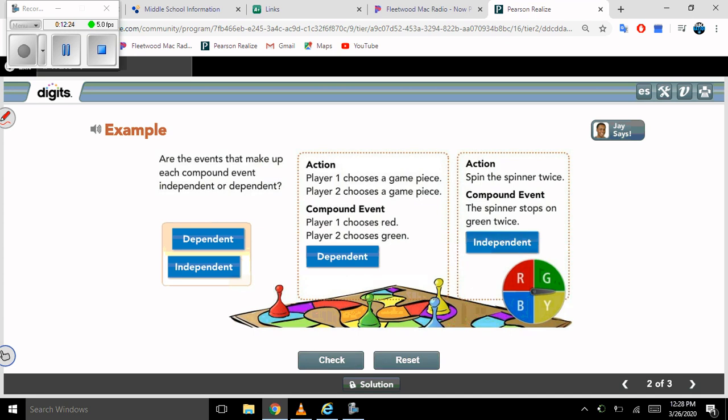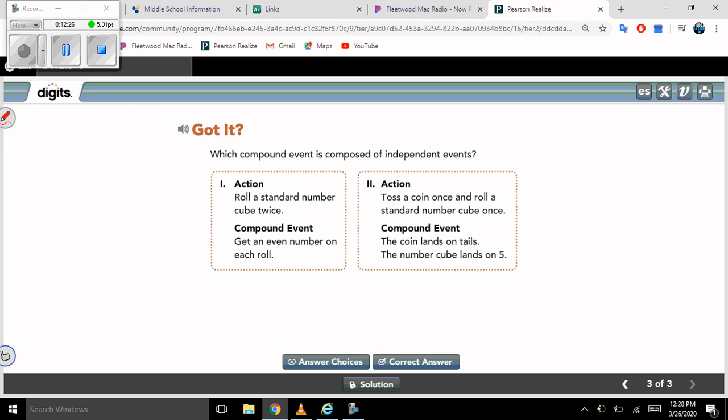Moving on to slide 3. Which compound event is composed of independent events? So let's take a look at number 1 there. Roll a standard number cube twice. You get an even number on each roll. Is the second roll affected at all by what you rolled on the first roll? No. So this one would represent an independent situation. Let's take a look at the second one.